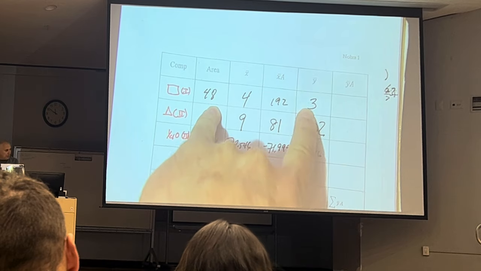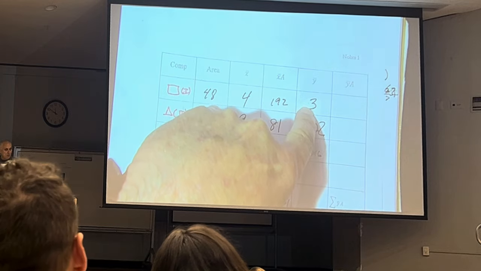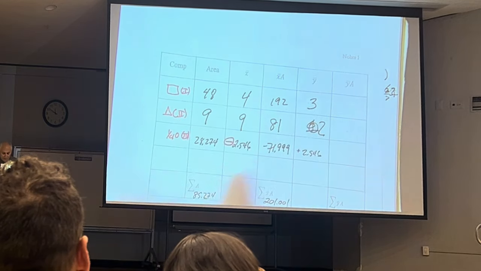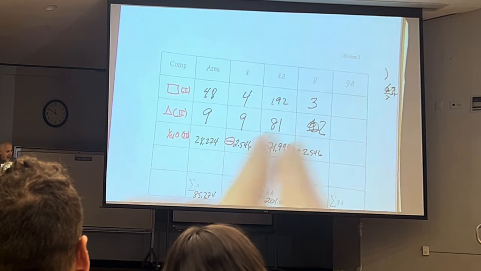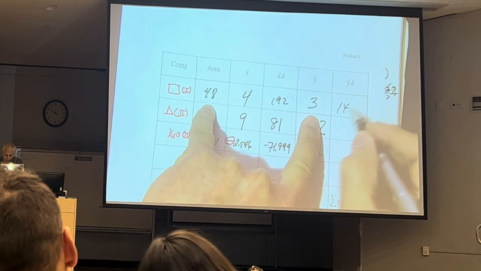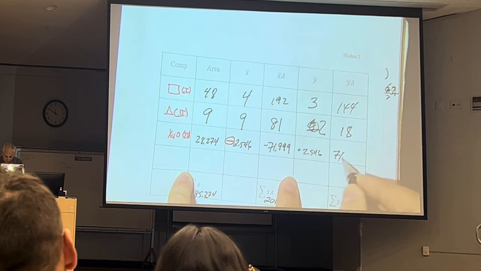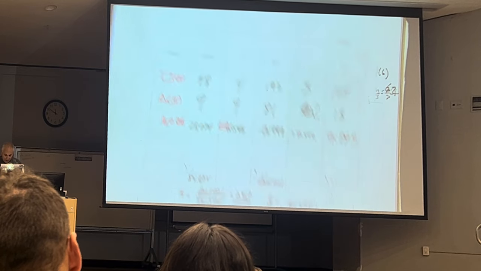Multiply these two columns. Please notice how I'm using my fingers. And the reason I'm doing it is because I've seen it over and over. People multiply these two columns to get that. Nope, it's this and this. 144, 18, 71.999.